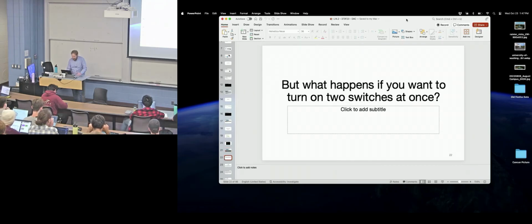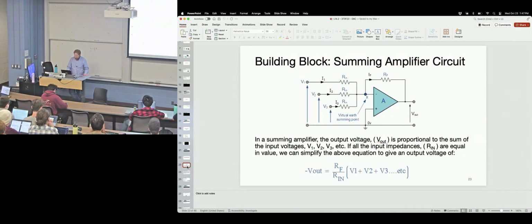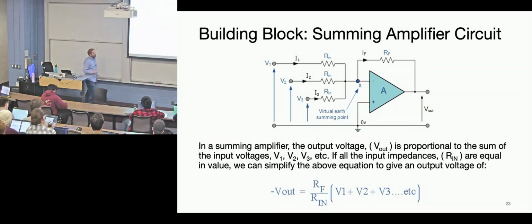And then I think somebody asked maybe last time, what happens if you did more than one switch at once? I think they were asking about the ADCs. That comes into a building block we have to think about, which is a summing amplifier. Now your analog brains are totally in panic mode because you have to learn what this thing is.